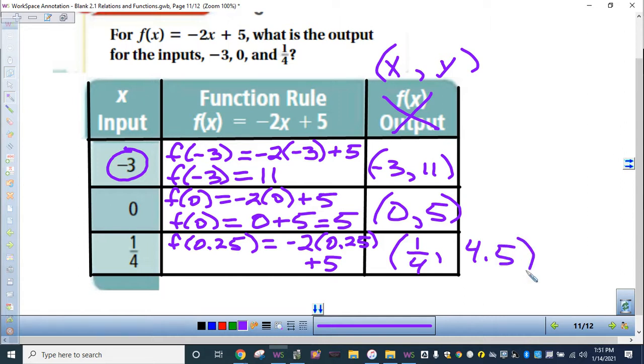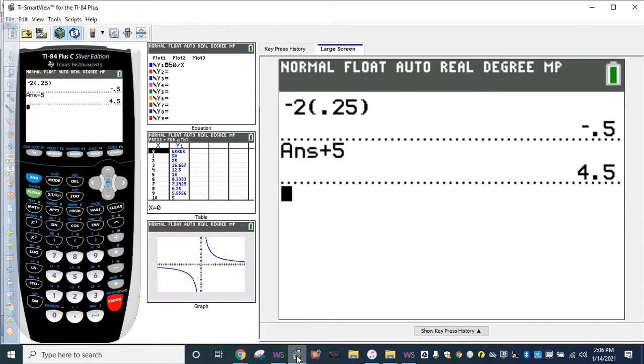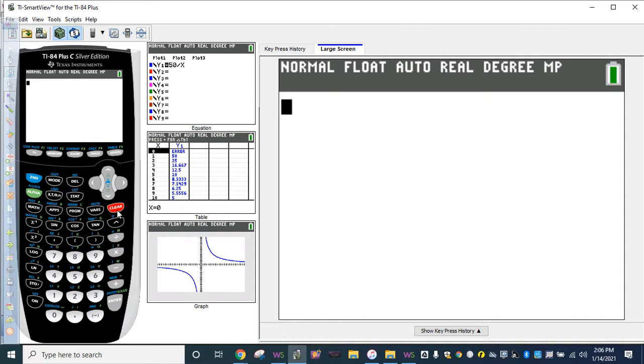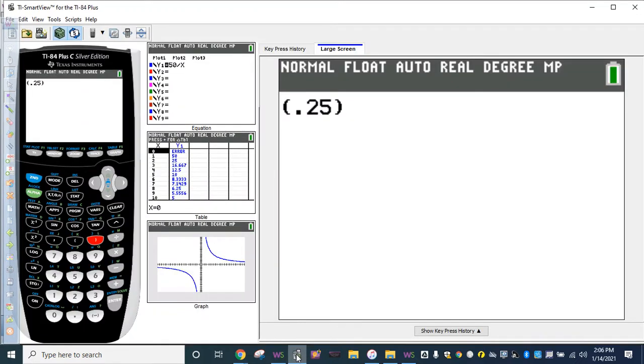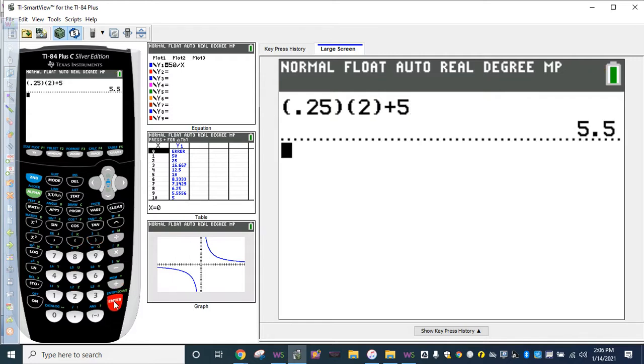So when you have your calculator, what I'd recommend is doing that in your calculator. You could go like 0.25 times 2 plus 5, right? Or it's supposed to be negative. My bad.